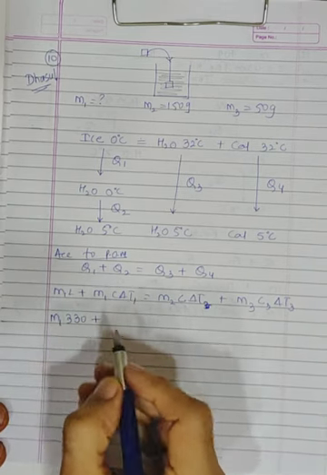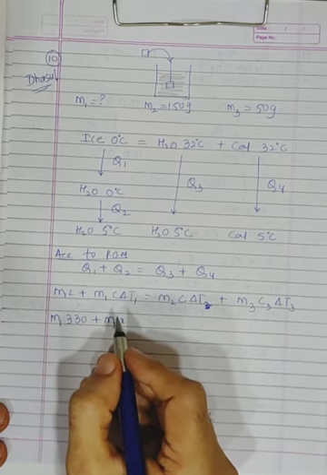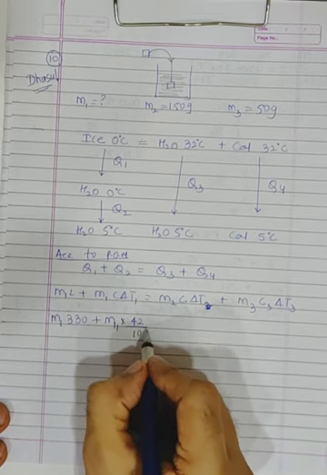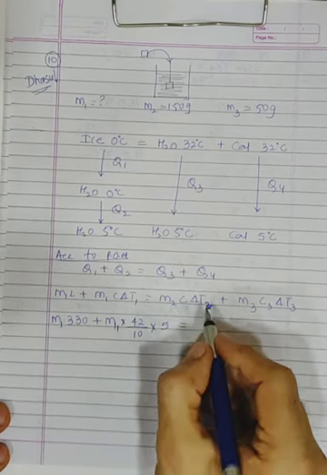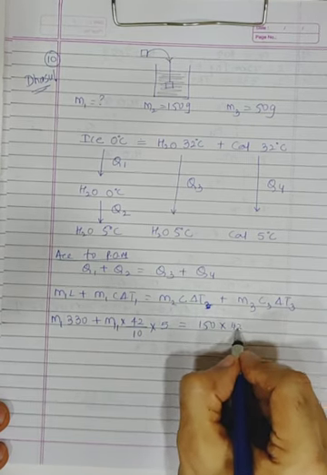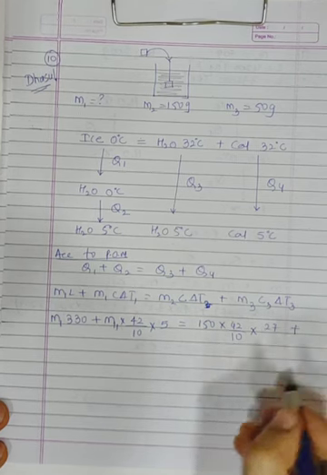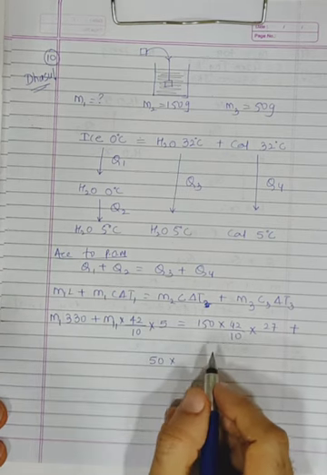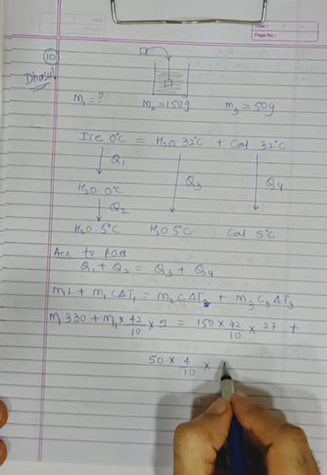Plus M1 into C of water, given as 4.2, and delta T 0 to 5 is 5, is equal to M2, mass of water 150, C of water 4.2, and delta T is 32 minus 5, 27, plus M3, 50, C3. What is C of calorimeter? It's 0.4, and delta T is also 27.